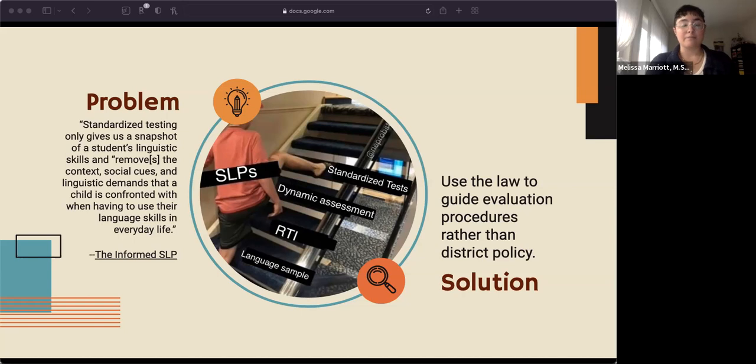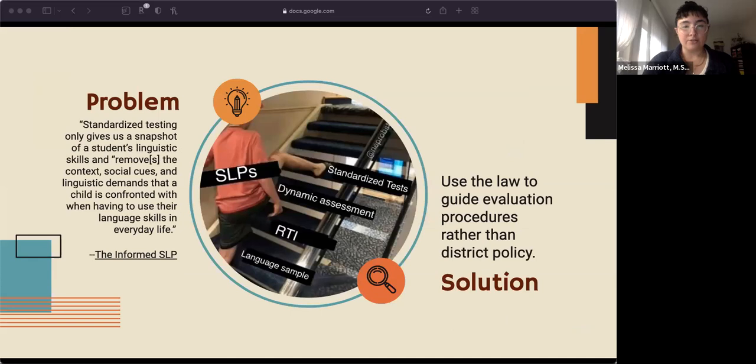Two students who receive the same score may not necessarily have the same skill profile. And so if you use these more qualitative measures that allow a lot more space for clinical judgment, you're going to get a better wealth of information than you would get from something that tries to reduce a student to a single number.